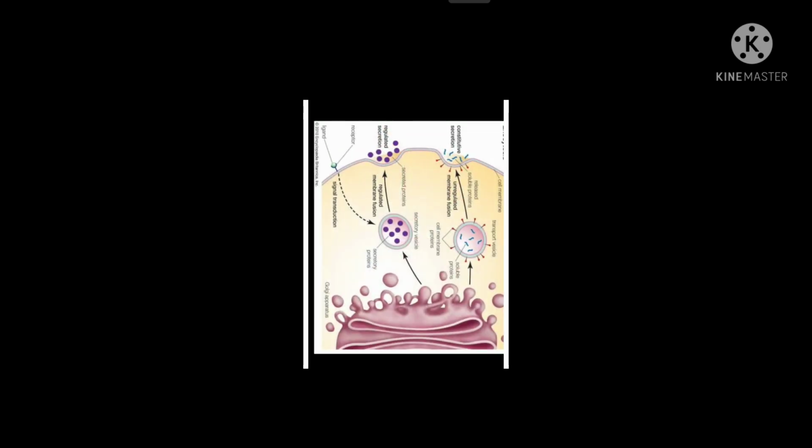Then what are the vacuoles, or Golgi vacuoles? These are single layered structures formed by the Golgi complex. Here the vacuoles and the lysosomes are present. As I said before, what are the lysosomes? They help in the breakdown and digestion of food.